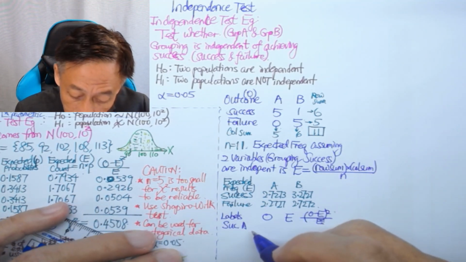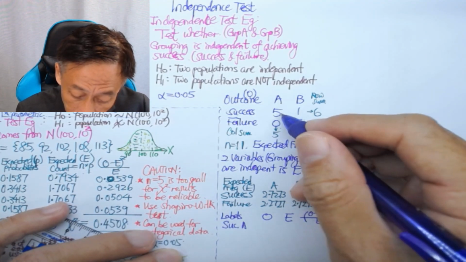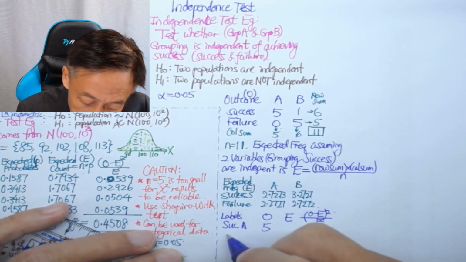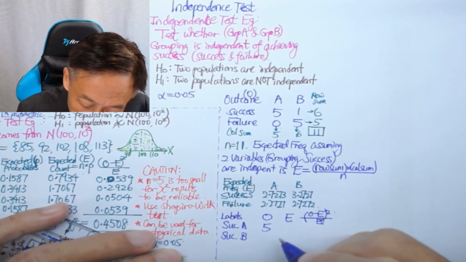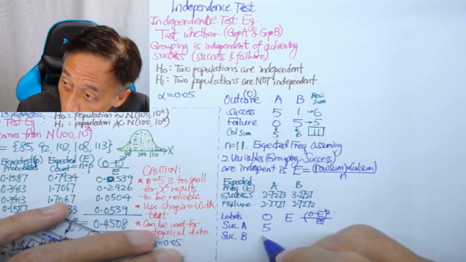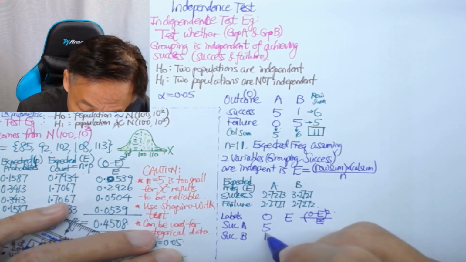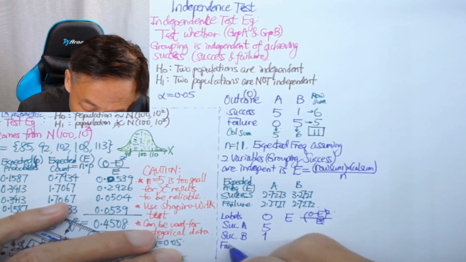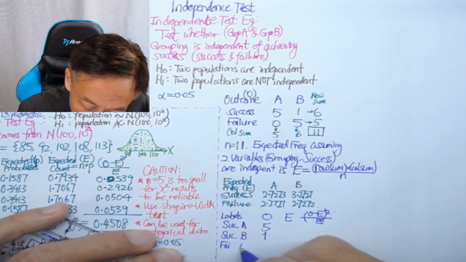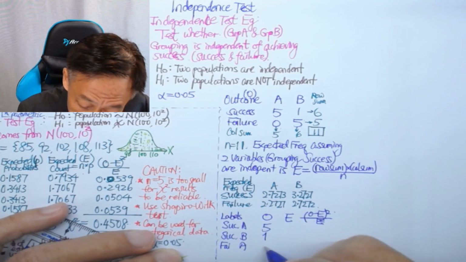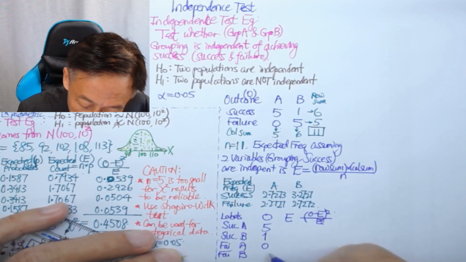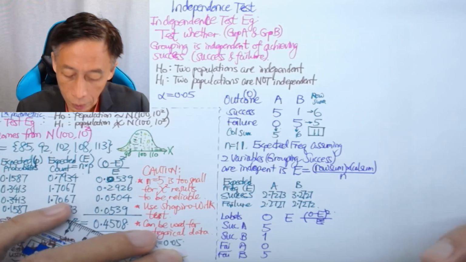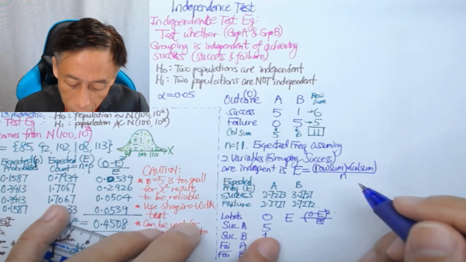So success of A, the observed is 5. Success of B is 1. Then the failure of A is 0. The failure of B is 5.